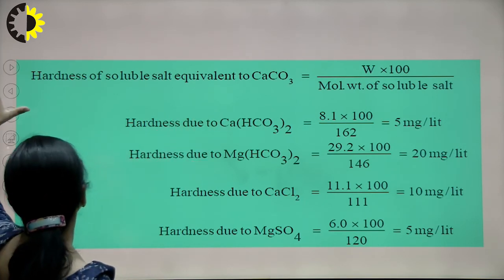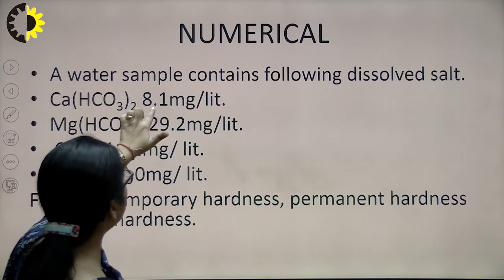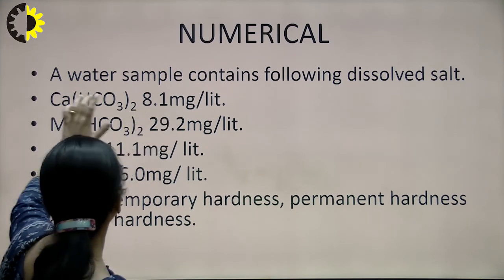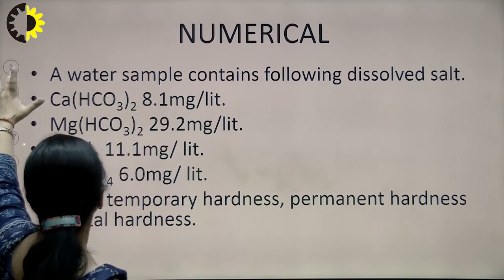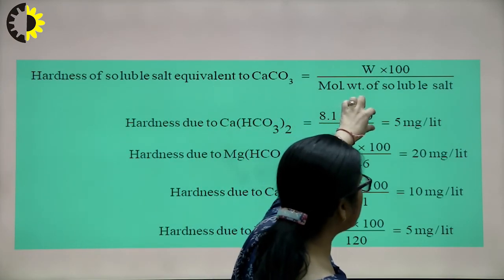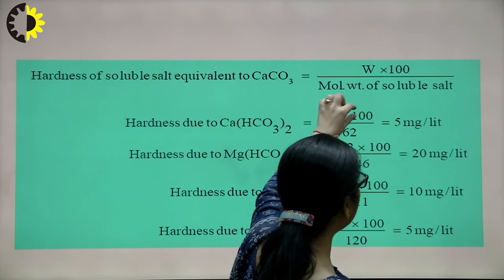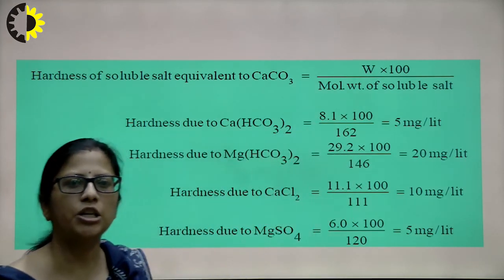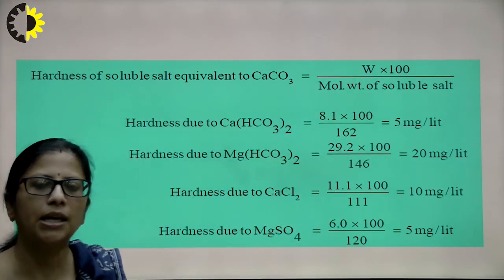Now, calcium bicarbonate was present 8.1 milligram per liter. So, here I am taking 8.1 multiplied by 100, which is the molecular weight of calcium carbonate, divided by the molecular weight of calcium bicarbonate, which is 162.